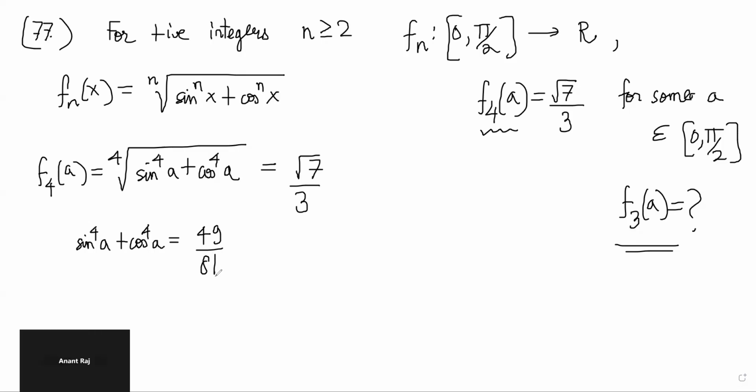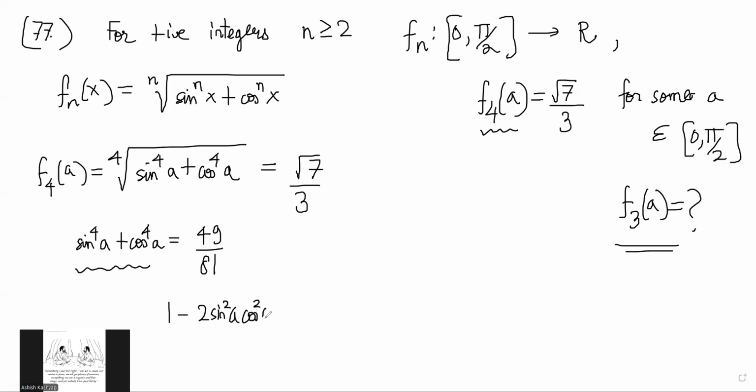From there, I can write it as 1 minus 2 sine square a cos square a, yes. So from there I will get 49 by 81, and I'll get sine square a cos square a coming as 16 by 81.